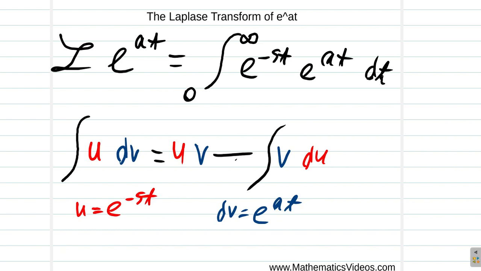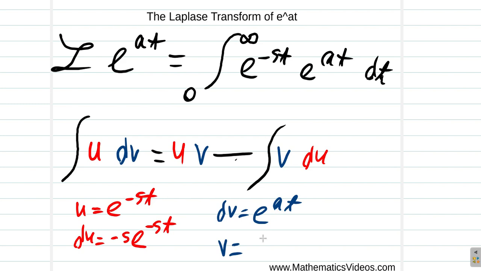Now, we need du. To get du, we have to differentiate e to the negative st, and using the chain rule, which is differentiation by substitution, you get negative s e to the negative st. And to go from dv to v, you have to integrate.